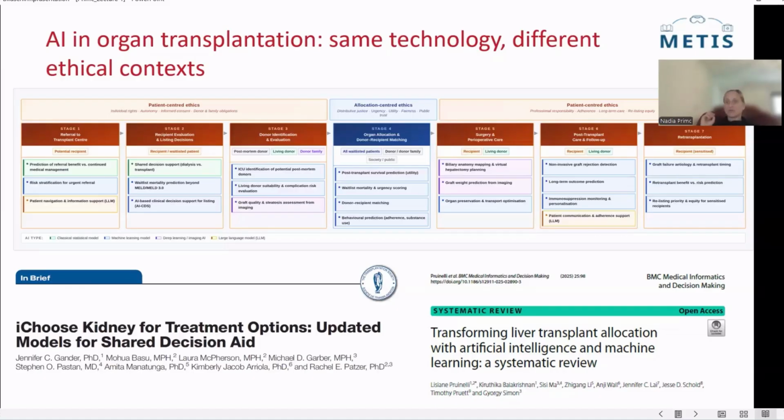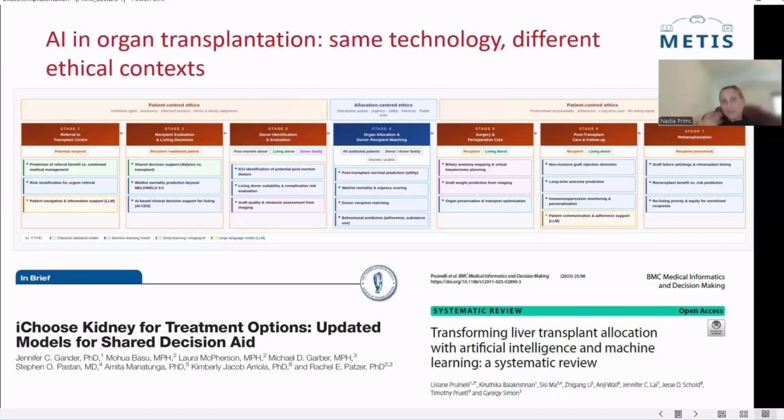As I said, these tools, although they may be very similar to the I Choose Kidney system, sit at the allocation stage. So their ethical logic is distributive justice. Transparency here does not mean that an individual patient can understand and consent to the output.